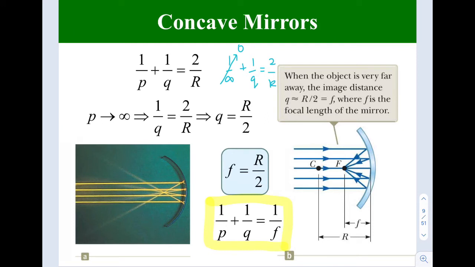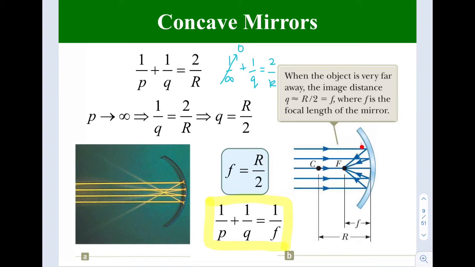Okay, so now from this equation, finally it brings us to this. If we notice here, the focal length of a mirror depends only on the curvature, because it depends on r.